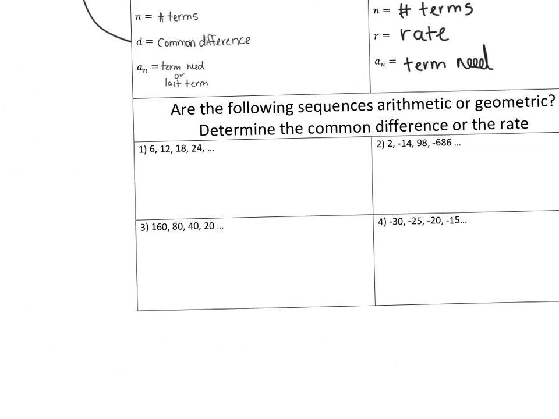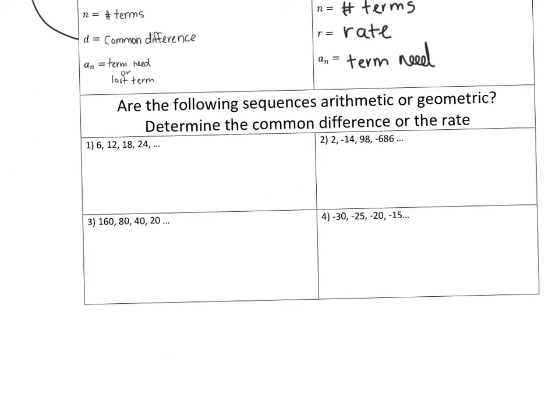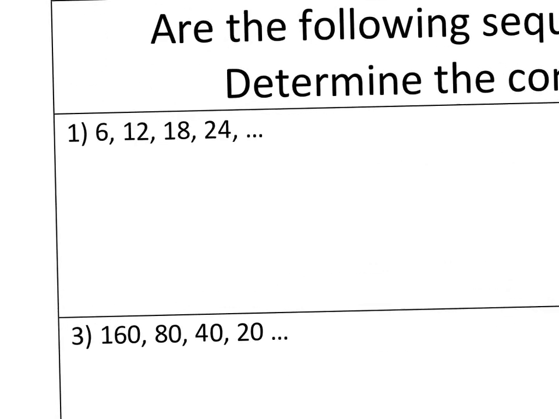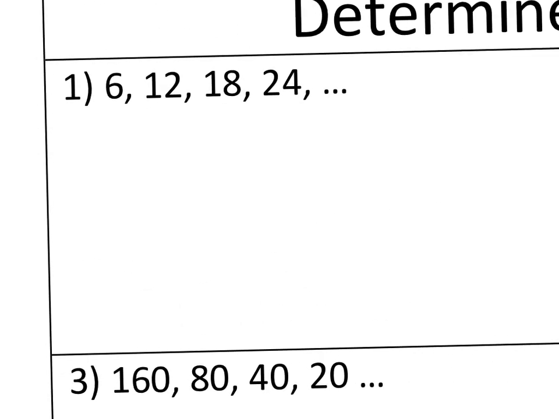So the first thing we're going to do is decide whether these sequences are geometric or arithmetic based on how do we get from one number to the next. So when I look at this first one, I get from one number to the next by adding 6. So because I'm adding, I'm writing arithmetic.